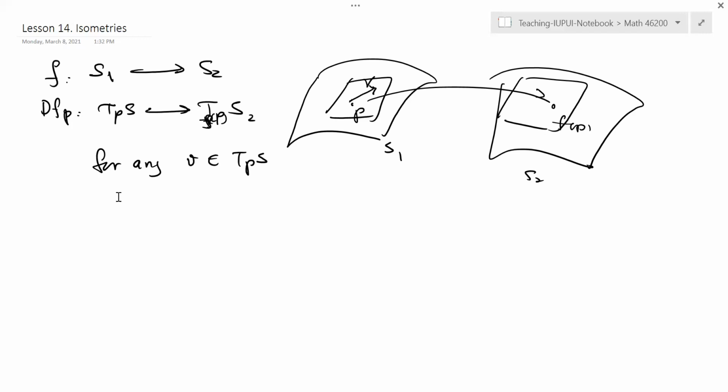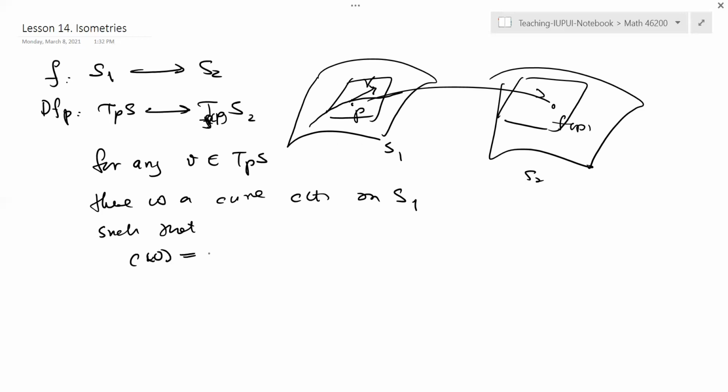You can choose a curve on the surface such that v is the tangent vector to the curve. Then there is a curve C of t on the surface such that it passes through the point, and the derivative is the vector v.